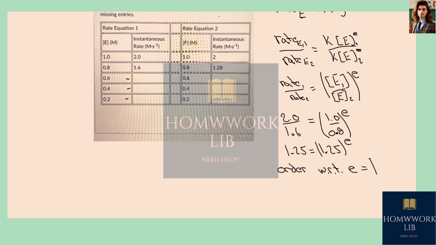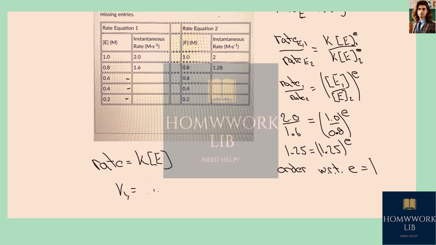For first order, we're going to get that the rate is equal to K times the concentration of E. So we just need to find the value for K. We can employ either experiment to get the value. So the value for K would be the instantaneous rate.